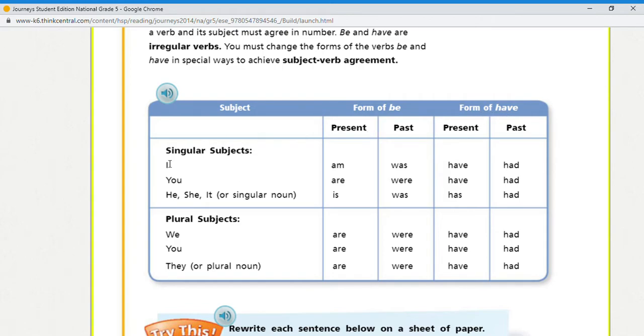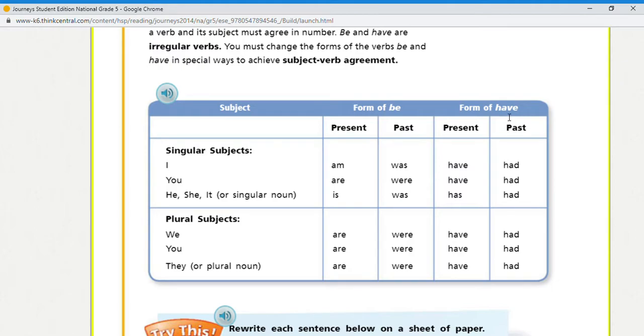So if we have a singular subject like I, you, he, she, or it, or any singular noun like John, Susie, etc., so the present for I is am, you are, he, she, it, or let's say John is. In the past, the verb to be is for the singular subject I was, you were, he was or she was or it was, or John, Susie, etc. was.